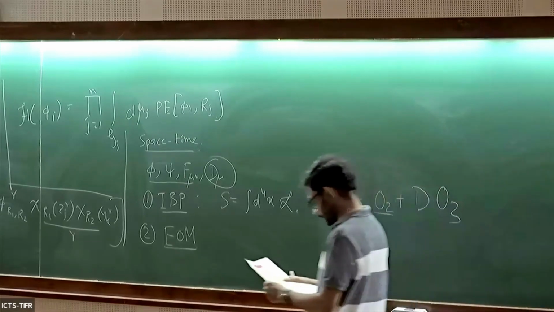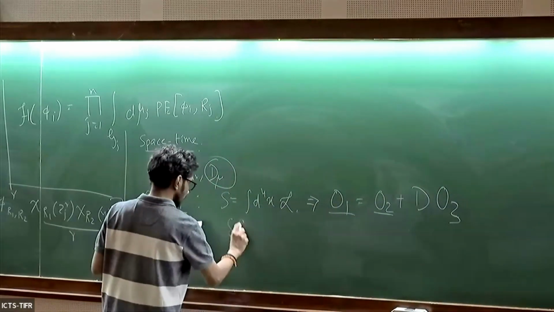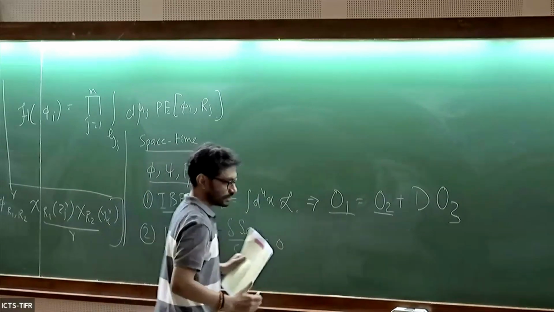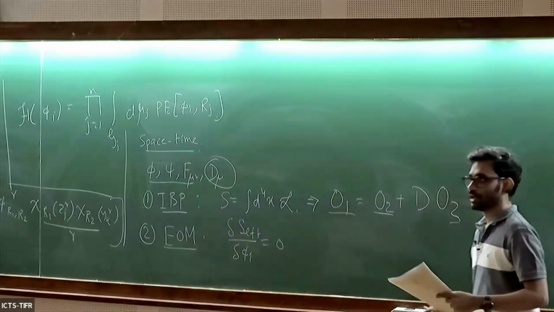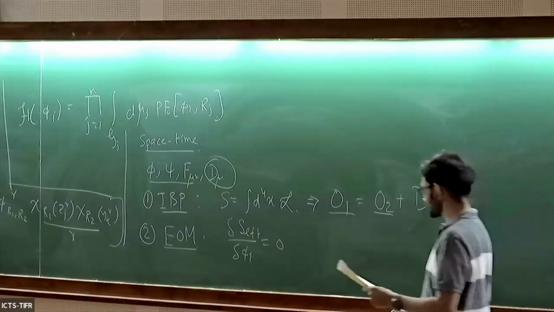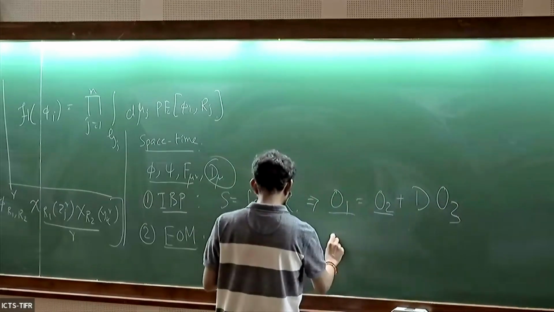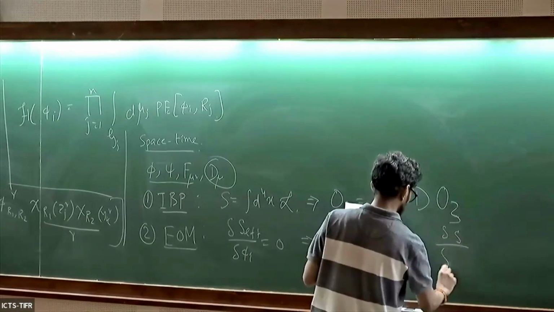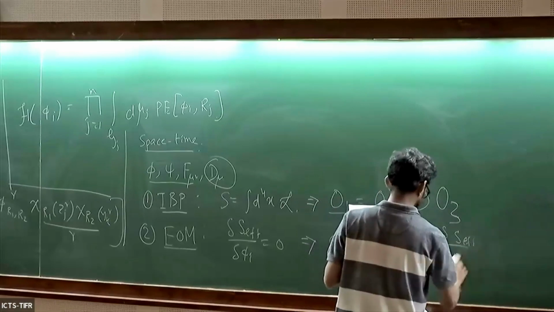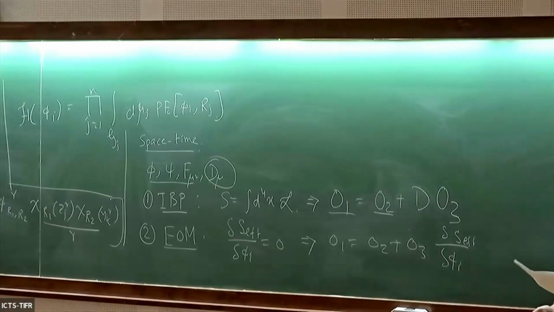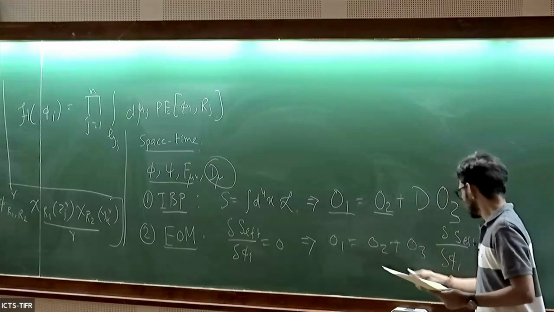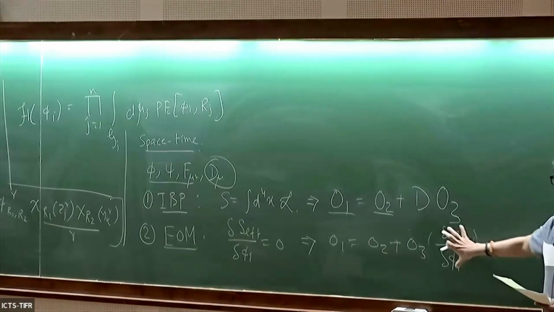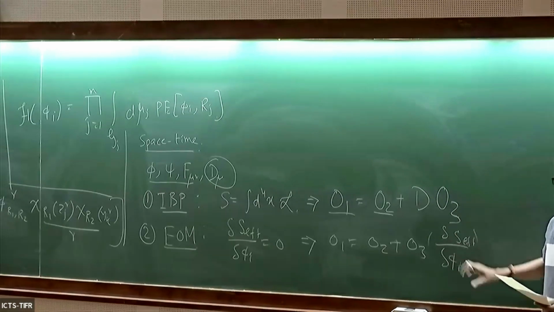For example, you can find the equation for these fields, and then you find that these two operators are related to each other by another operator, and the coefficient is nothing but the equation of motion of some dynamical field under consideration.